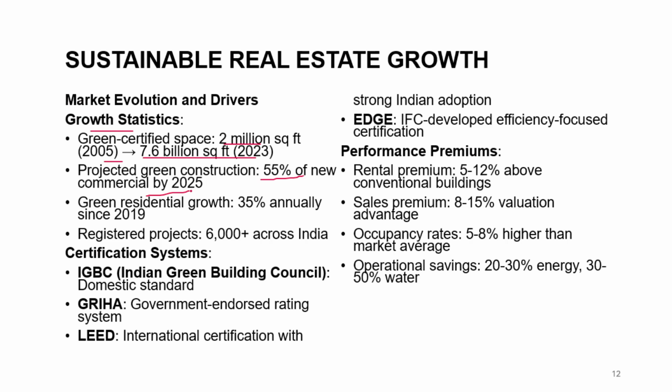And then we have green residential, which has also grown 35% annually since 2019. That also is a significant number. And we can see that the registered projects are around 6,000 plus across India. So there is a lot of growth in this area if we talk about India specifically.